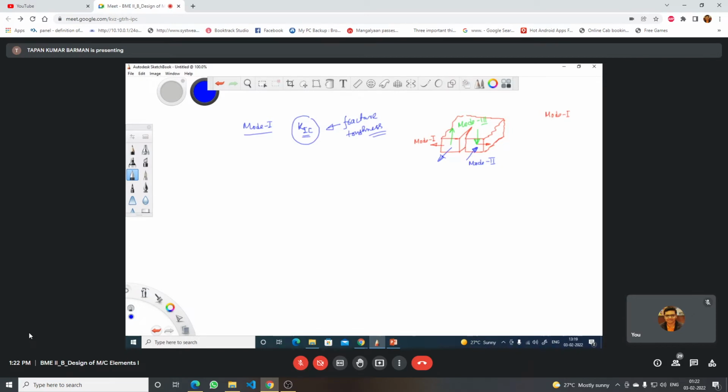So mode 1 is the opening mode. Mode 2 is basically the shear mode. And mode 3 is basically the out-of-plane shear mode.